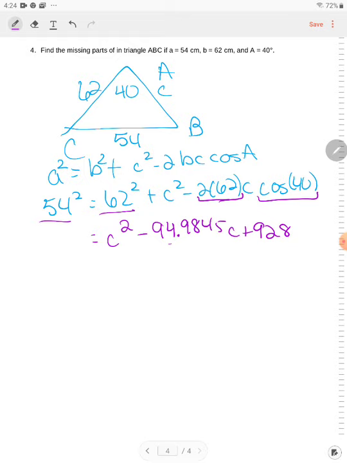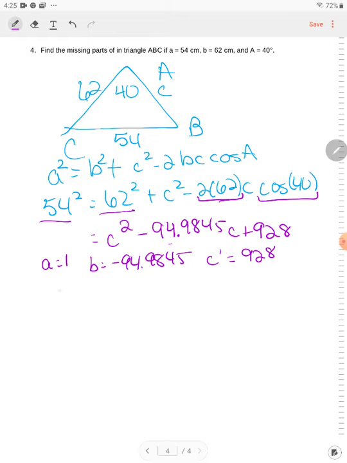And in the quadratic formula, okay, it's a little bit tricky since I used a C. It might have been a little clearer if I'd used X. So here, A is 1. B is negative 94.9845. And in the quadratic formula, C, I know that's a C there. So let me call this, how about C prime, is equal to 928.